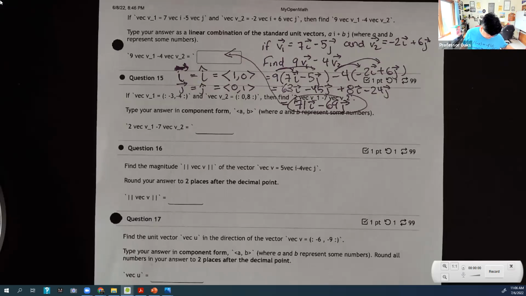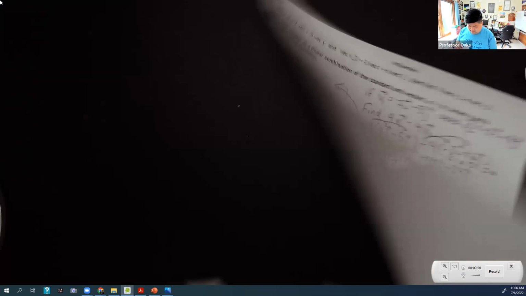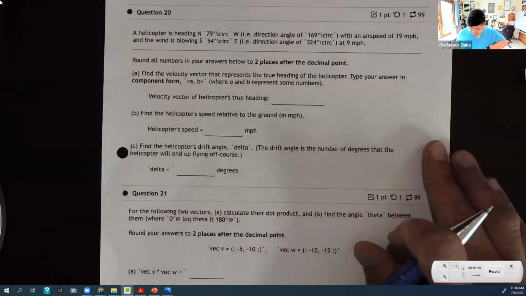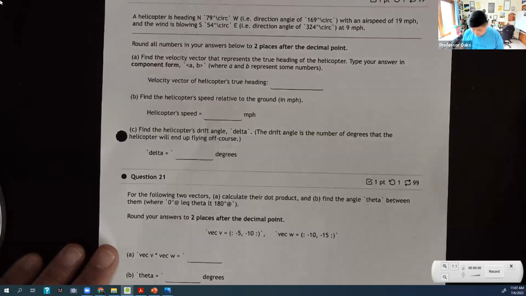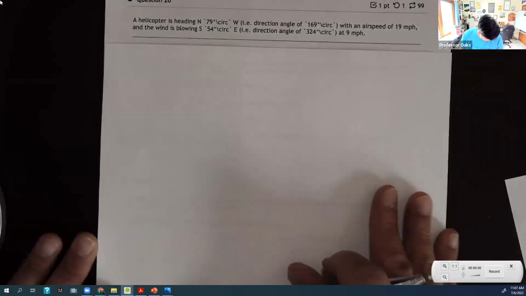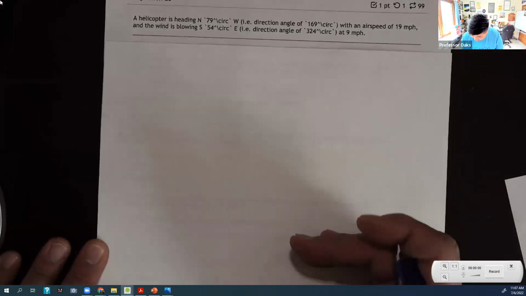All right, where is number 20? I feel like this is one of those where the hardest part about a problem like 20 is the heading.